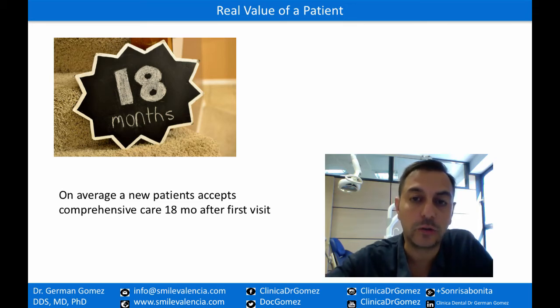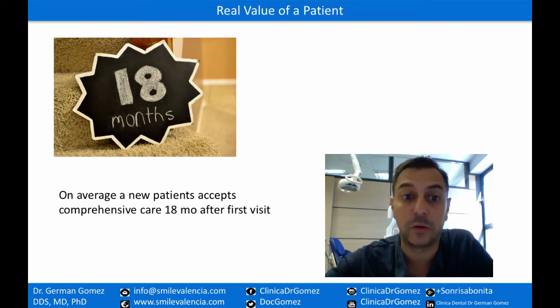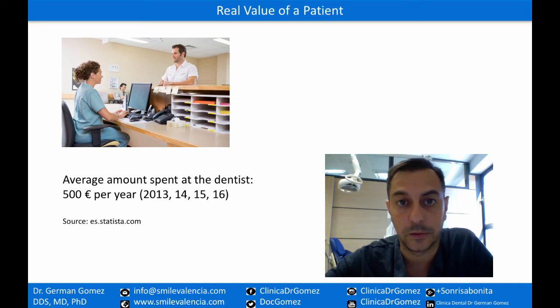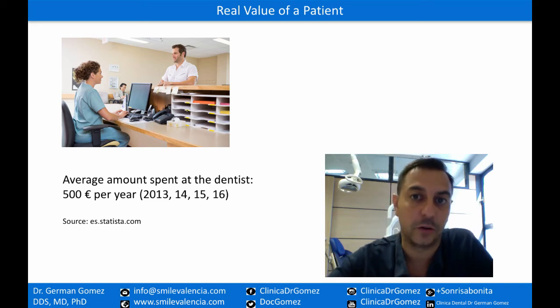So he knows you, he got used to your clinic, to you, he trusts you, he trusts the way you're doing things, so now he's ready to accept comprehensive care. That's why we do not usually use the first appointment's amount of money that he spends. So it's a real long-term value of the patient.